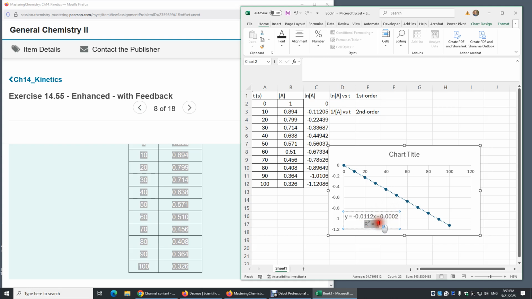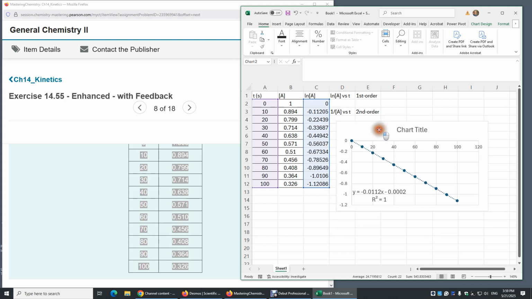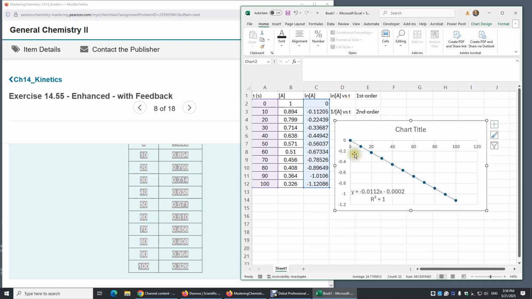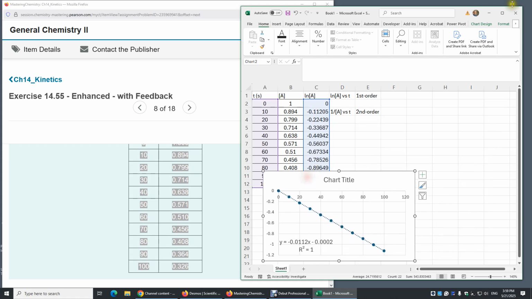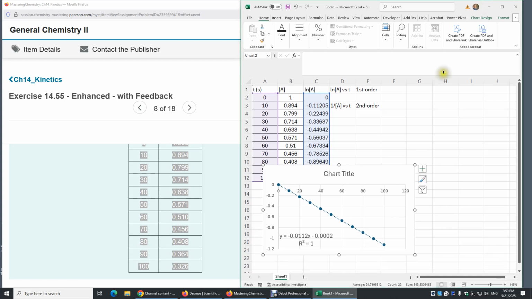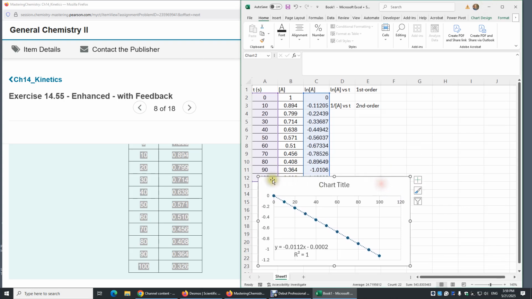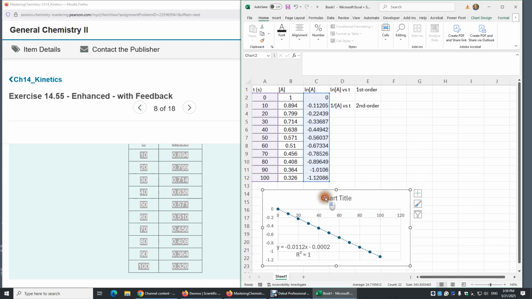This indicates a perfect fit. I think it's just going to be first order, but to make this more convincing, let's do the second order as well. This is the first order fitting, and then we'll do the second order fitting.